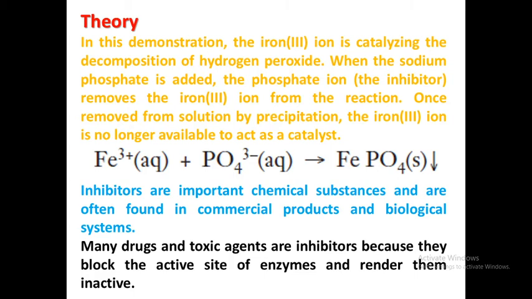In this experiment we have the iron ion used as the catalyst for the decomposition of hydrogen peroxide. When we add sodium phosphate, the phosphate ion acts as the inhibitor, removing the iron ion from the reaction by precipitation of iron phosphate, according to this chemical equation.